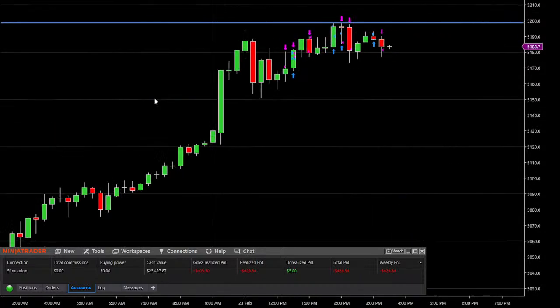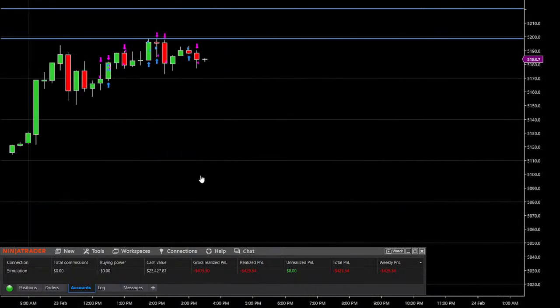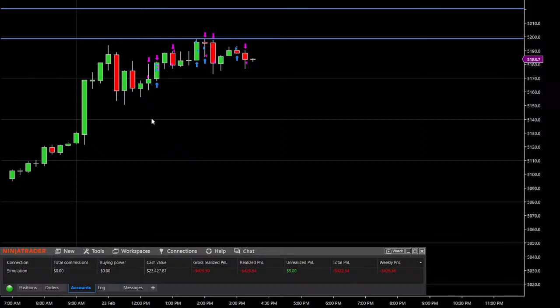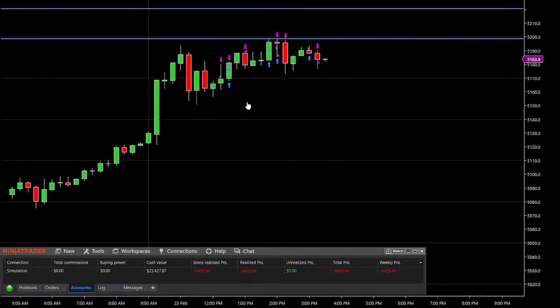So let's say hypothetically I want to be going short as well. In the interim, for example, on this big red candle on the left, some short trades might have worked pretty decently there.